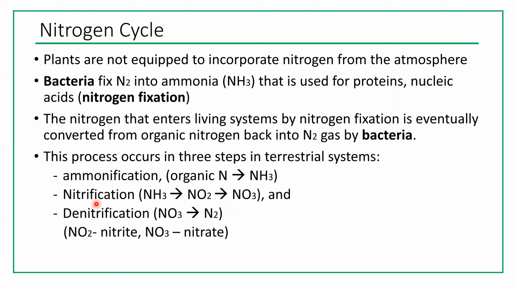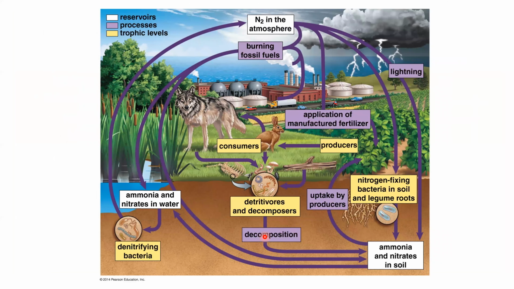We have nitrification, and this is from ammonia, we go to nitrite and nitrate, and then denitrification from the nitrate back to nitrogen gas. Right, so those are the processes. Let's look at the diagram.